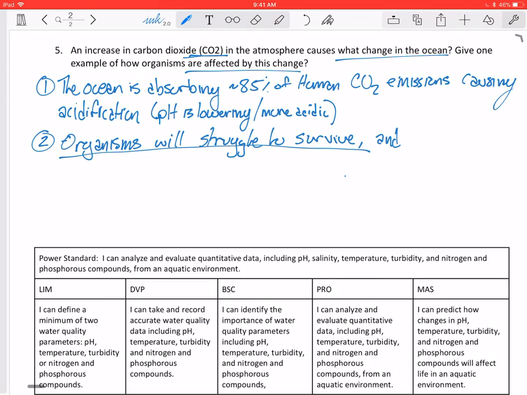So organisms are going to struggle to survive, and likely a mass extinction will occur.